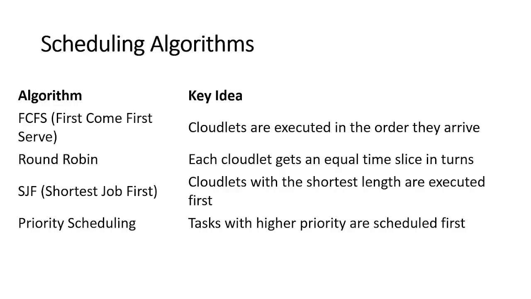The next one is shortest job first, wherein the cloudlets, the user tasks with the shortest length, are executed first. According to the length of its execution, each and every task takes its own set of resources for its process to be completed. The next one is priority scheduling, where tasks with higher priority are scheduled first.